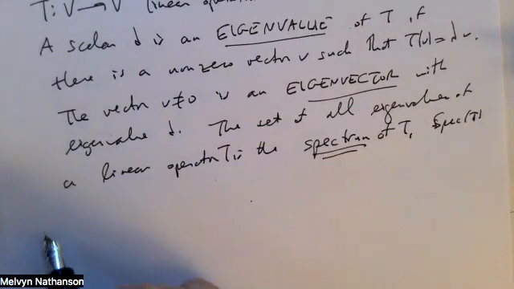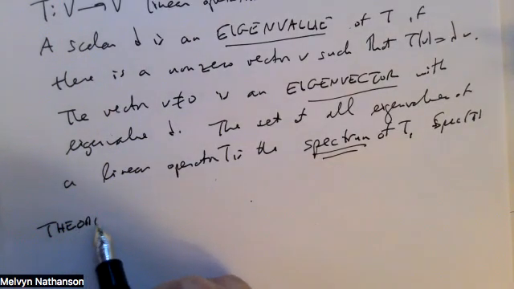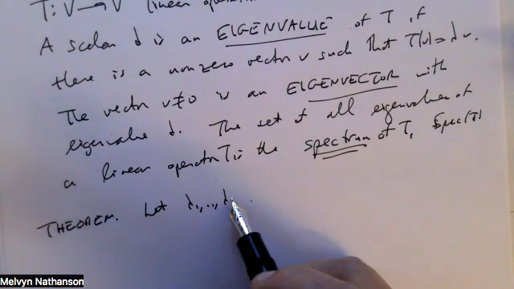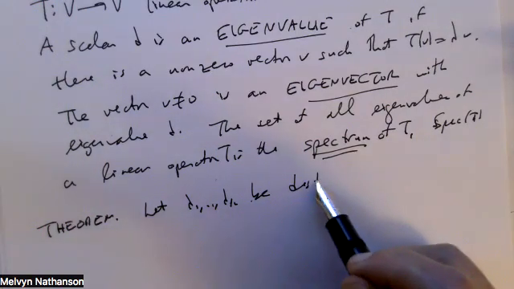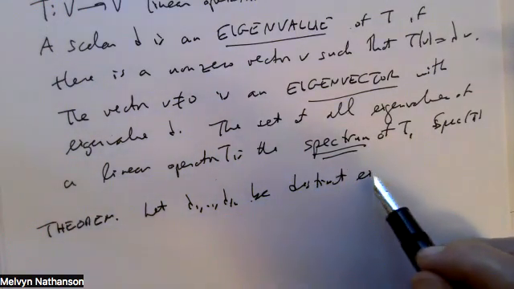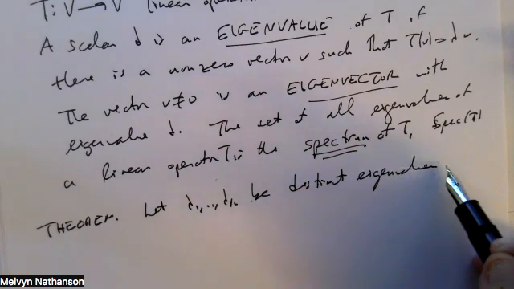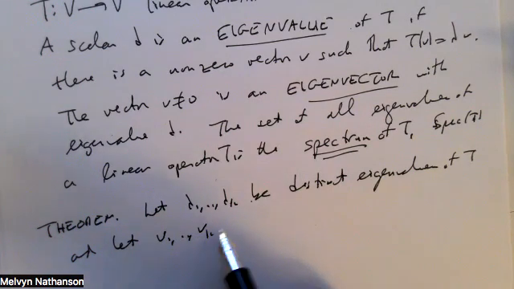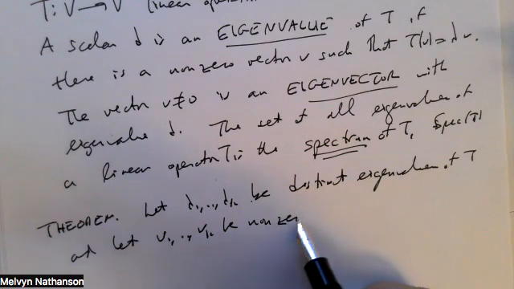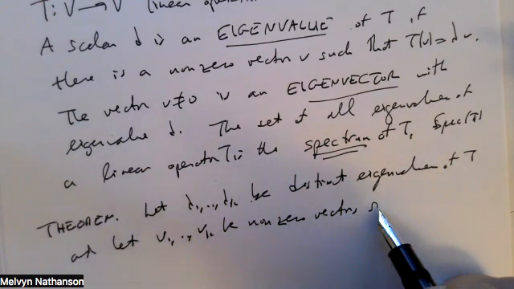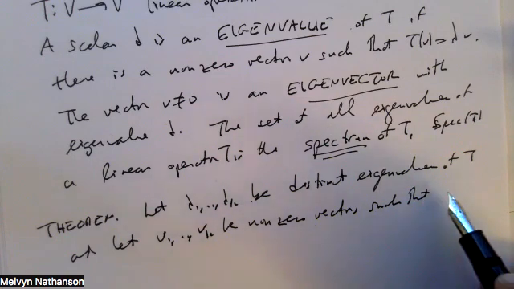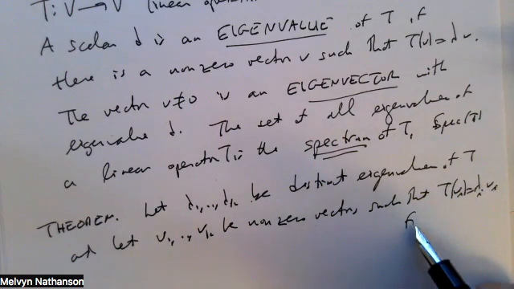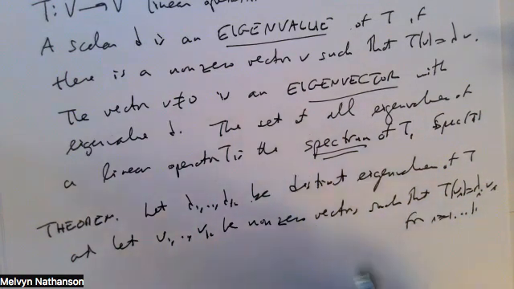So there's a nice theorem or lemma, whatever we want to call it. Let lambda 1 up to lambda k be distinct eigenvalues of T, and let v1 up to vk be non-zero vectors such that T of vi is lambda i vi for all i going from 1 up to k.